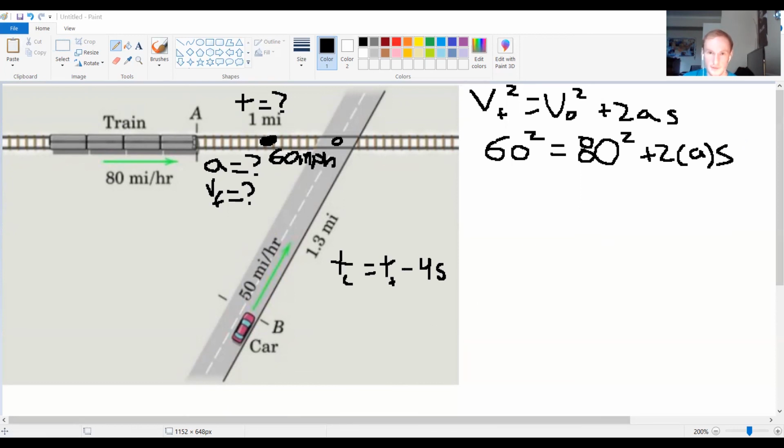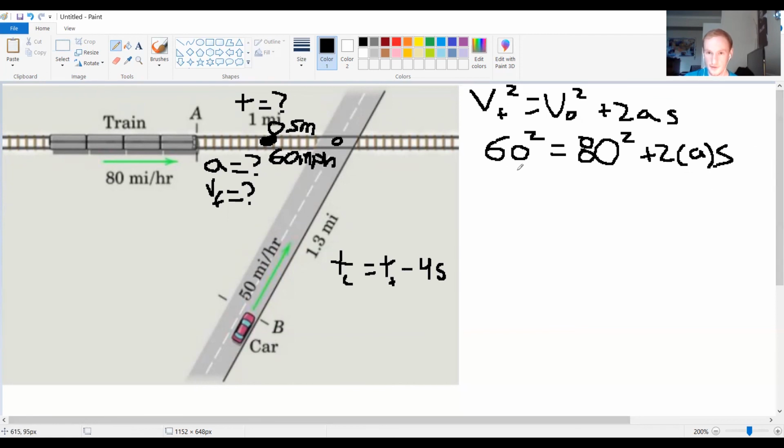And the problem statement gave us s. Well, s is the position. So at this position, which is 0.5 miles, we'll just type that in there as 0.5.